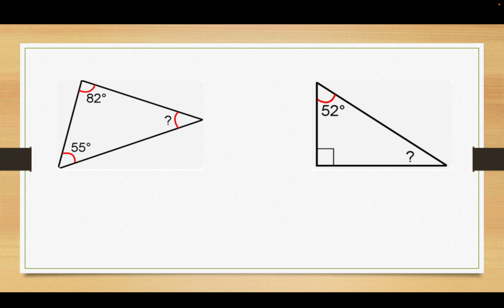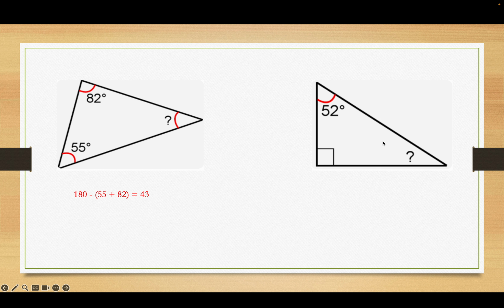Okay, so in the first diagram, let's see you find the value of the question mark. Pretty easy question, I think. So first I got to add up the 55 and the 82. That is 137 degrees. Subtract it from 180 and I get 43.